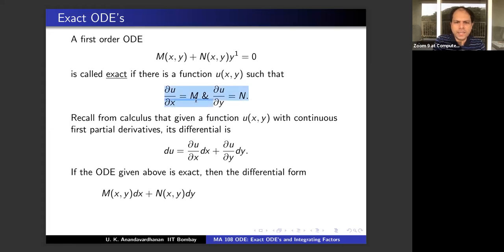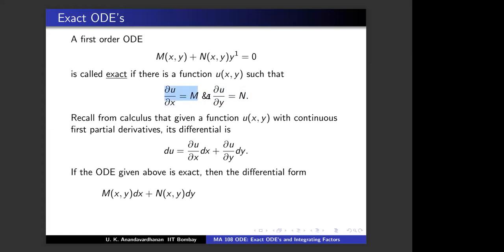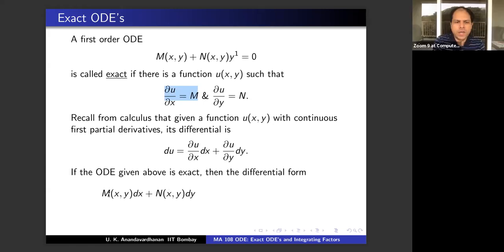Because del u by del x is m and n is del u by del y. So n of x y dy is del u by del y dy. So this differential form m dx plus n dy is del u by del x dx plus del u by del y dy. That is the same as du. So the given equation is giving you du equal to 0.